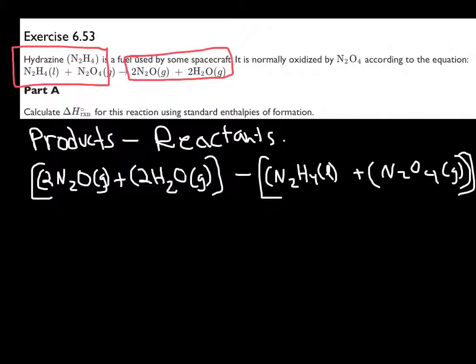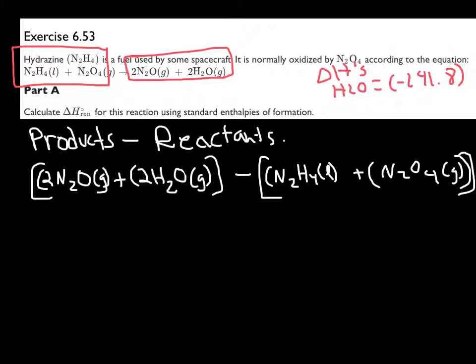Alright. Perfect. So now what you do is you look into the back of your book and find the delta H values for it. Well, I've already done that, so I'm just going to label them right now. For H2O, I got minus 241.8.